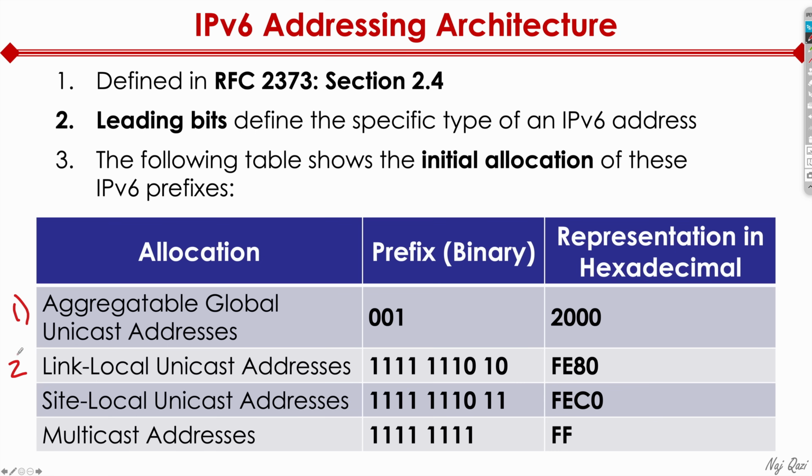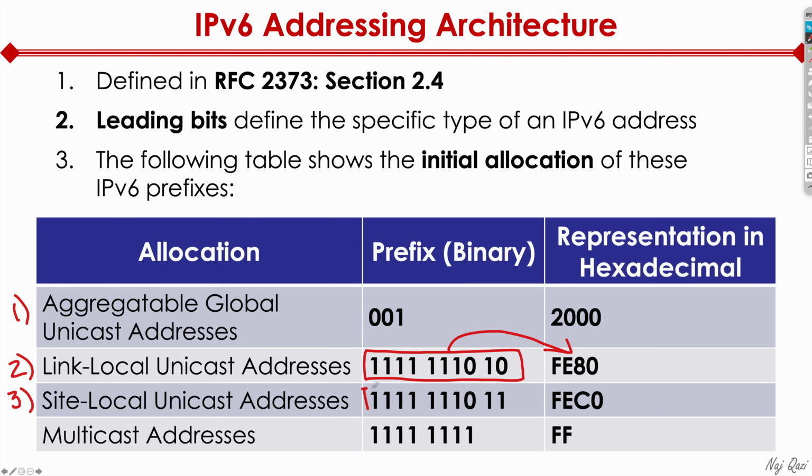Now, the second type of allocation you want to look at is link local unicast addresses. For link local, the first 10 bits must always be in this sequence as we see. And when we convert them into hexadecimal, we get FE80. Next up is site local unicast addresses.